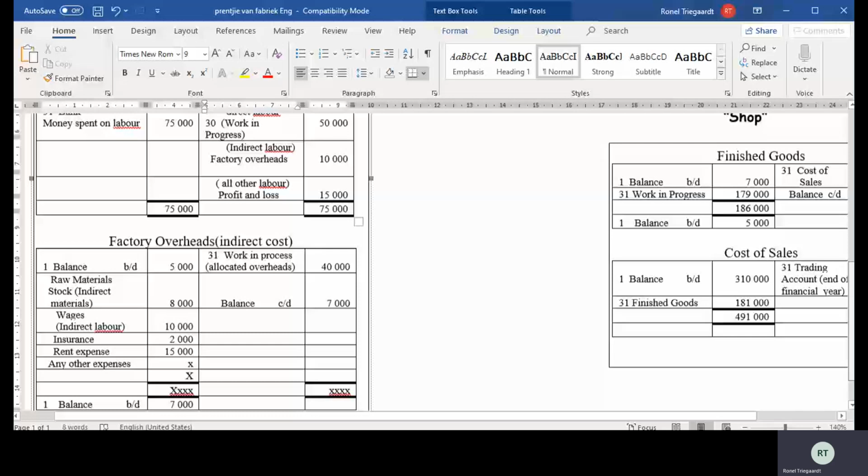This is now for the month of July. On the 1st of July, the following balances were there. There was a raw material stock, and that was 5,000 rand, the balance.